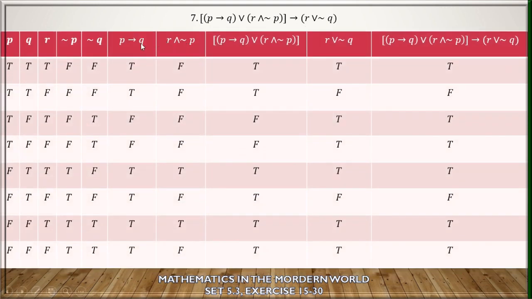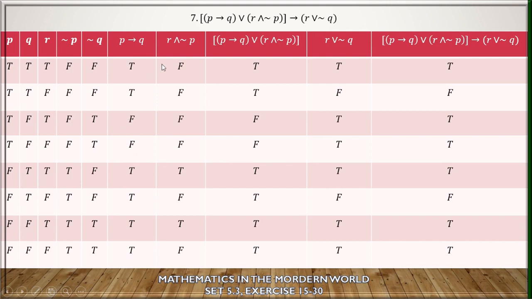The same, we have P, Q, R, and we also have not P, not Q. Like in other examples, I will not discuss not P, not Q anymore. For P, then Q, we apply the truth table of the conditional. So it will be true, true, false, false, true, true, true, true.